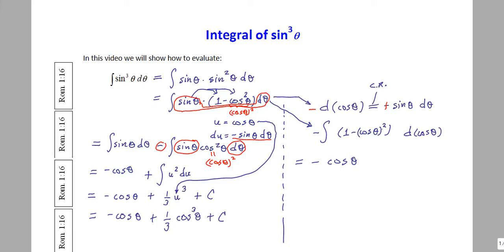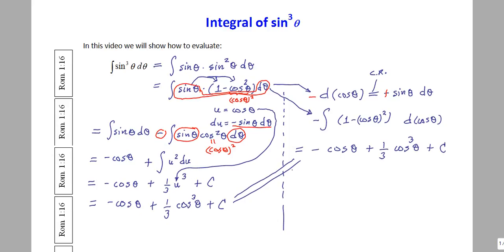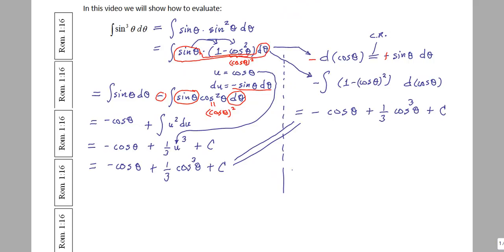The cos, of course, becomes cubed over 3, so it's a plus 1/3 cos cubed theta, plus we pick up a constant of integration. And notice that the left side of the page and the right side of the page match. Okay, so that's all good, and it should. If you're doing the algebra right, everything should match up.